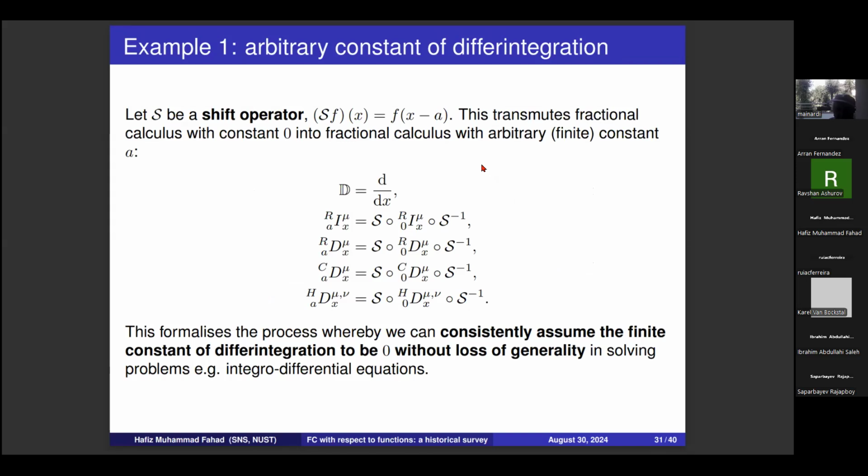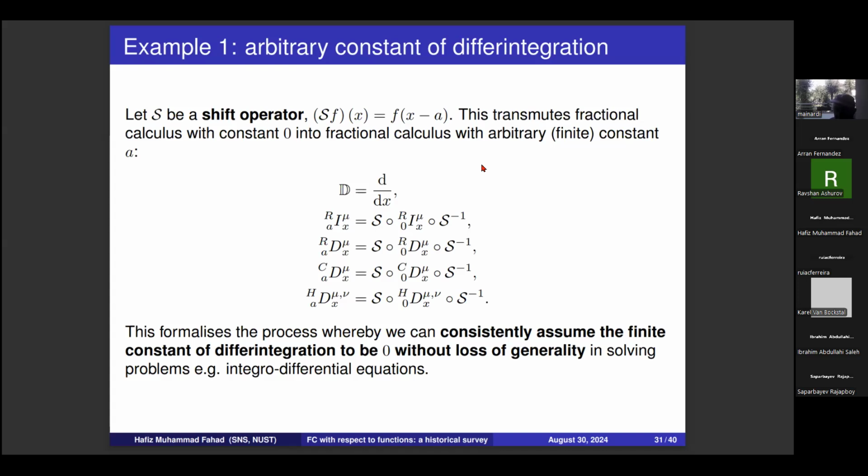Now we will consider some examples. First we have the example of fractional calculus with an arbitrary constant of differintegration. If S is a shift operator, in other words S applied on f of x gives f of x minus a, where a is any finite arbitrary number, then this transmutes fractional calculus with constant 0 into fractional calculus with arbitrary constant a.